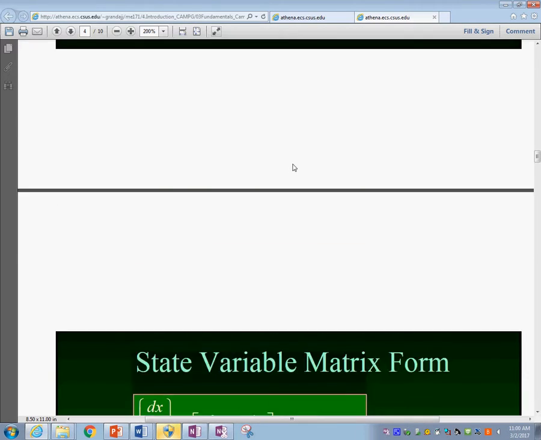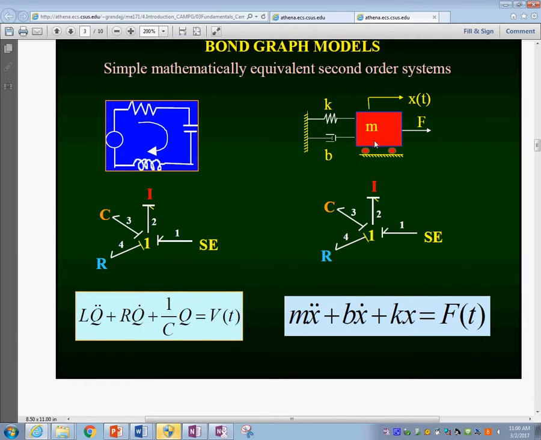If we go back over here, for this example, what are the necessary variables that we need to describe the system? Obviously, to describe the status of the entire system, we would need to find the position of the mass. That's very obvious. But as it's moving, do we need to know anything else?